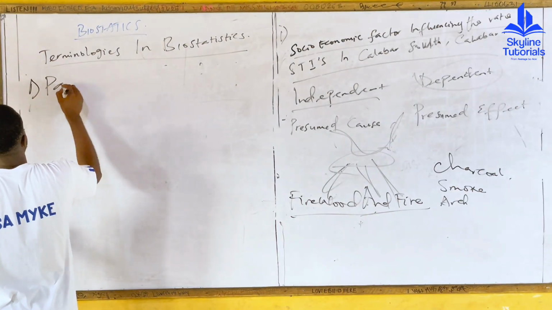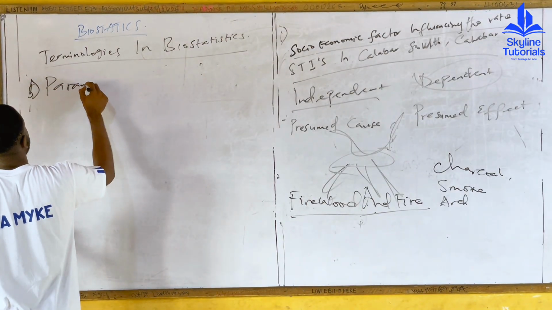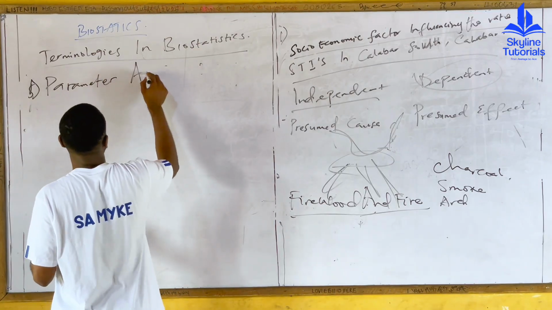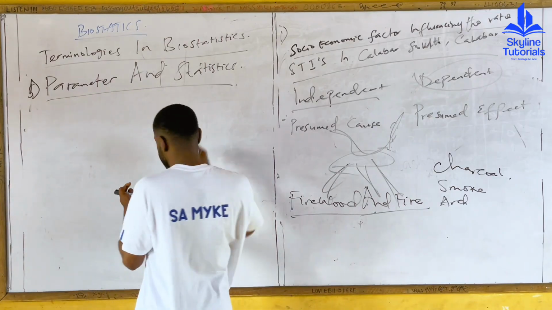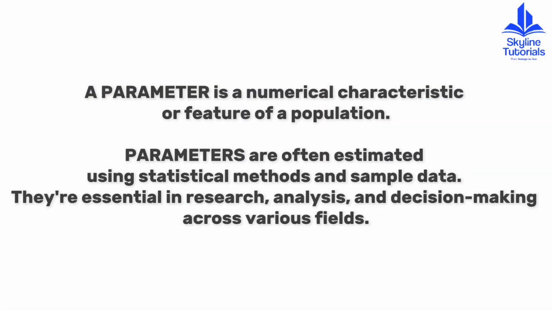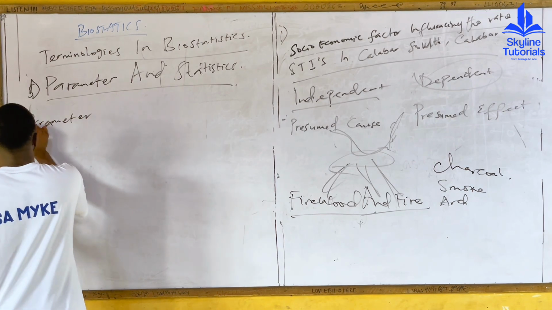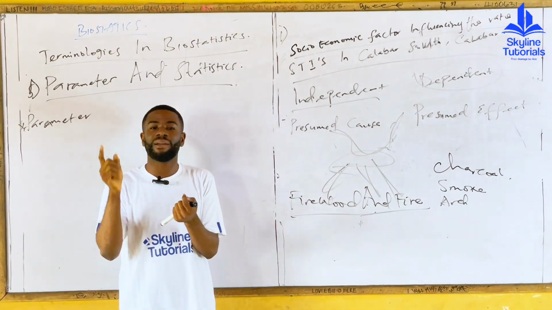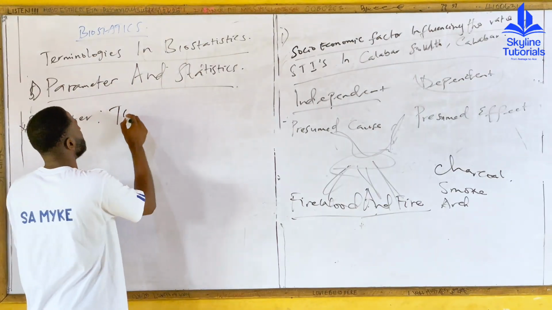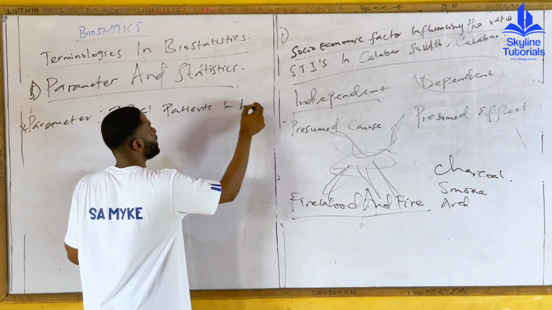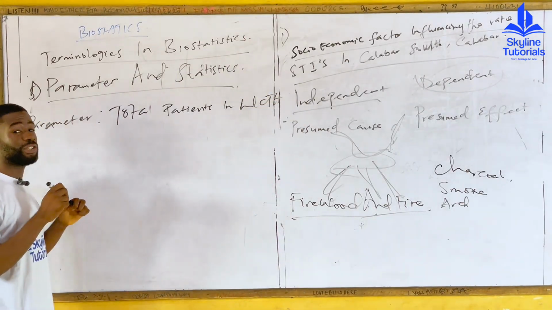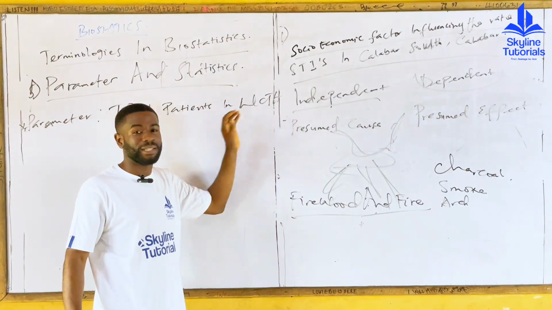The next terminology we'll be looking at, number 5, is parameter and statistics. Simply put, a parameter is the numerical value of a population. Let's say the total patients in University of Calabar Teaching Hospital, UCTH.